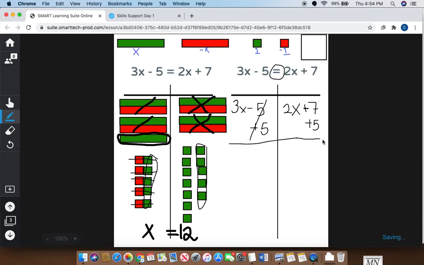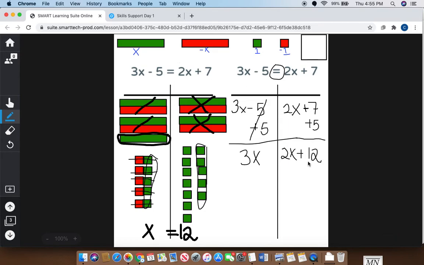The line just tells me let's make this x, because we were able to cancel out the -5 by adding 5. Now here I'm not going to add the squares and the bars together, because I don't know the value of the bars, but I do know that I have 12 squares, so I do know that I have 2 bars plus 12 squares. I can combine the numbers, just the numbers. 7 plus 5 is 12.